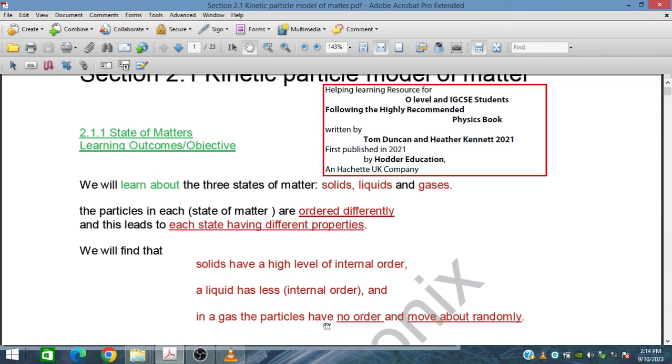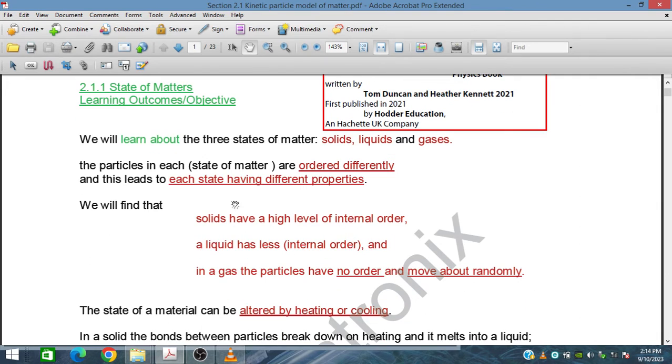But in gases, the particles have no order and move about randomly and very rapidly.